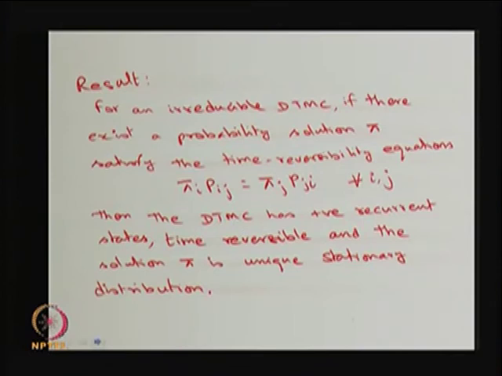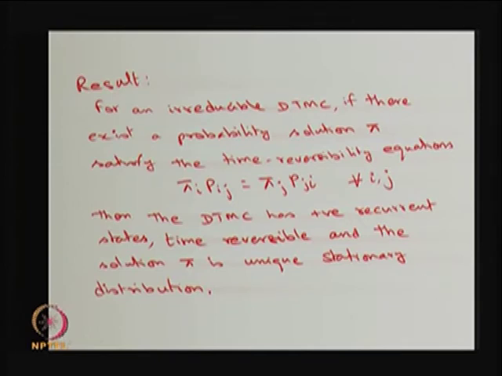If there exists a probability solution, that is the vector pi, consisting of pi_1, pi_2 and so on, that satisfies the time reversibility equations, that is pi_i P_ij equal to pi_j P_ji for all pairs i, j, then the DTMC has positive recurrent states, and also it is time reversible, and the solution pi is the unique stationary distribution.